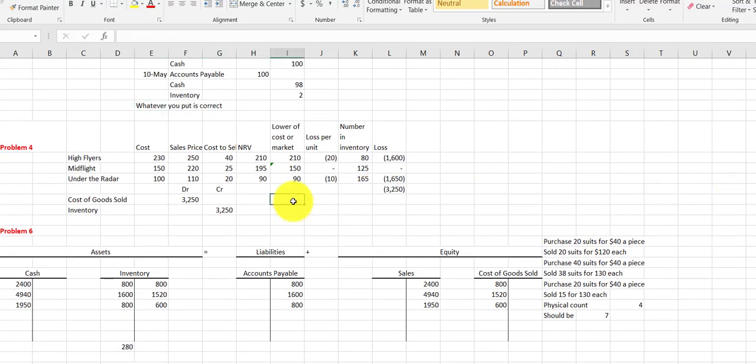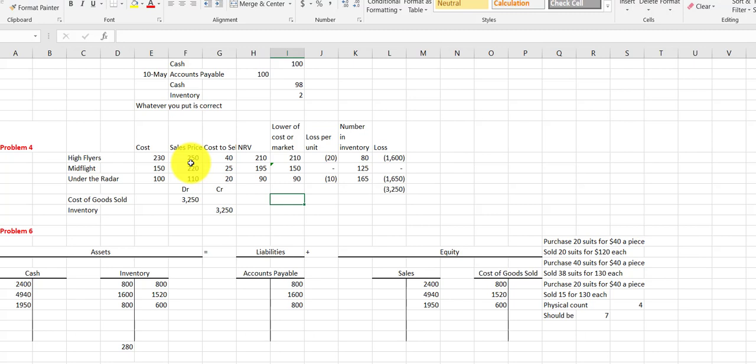All right, for problem 4, we're looking at lower of cost or market. This information was given to us, most of it. We have 3 kinds of inventory. We have costs per individual unit of inventory.